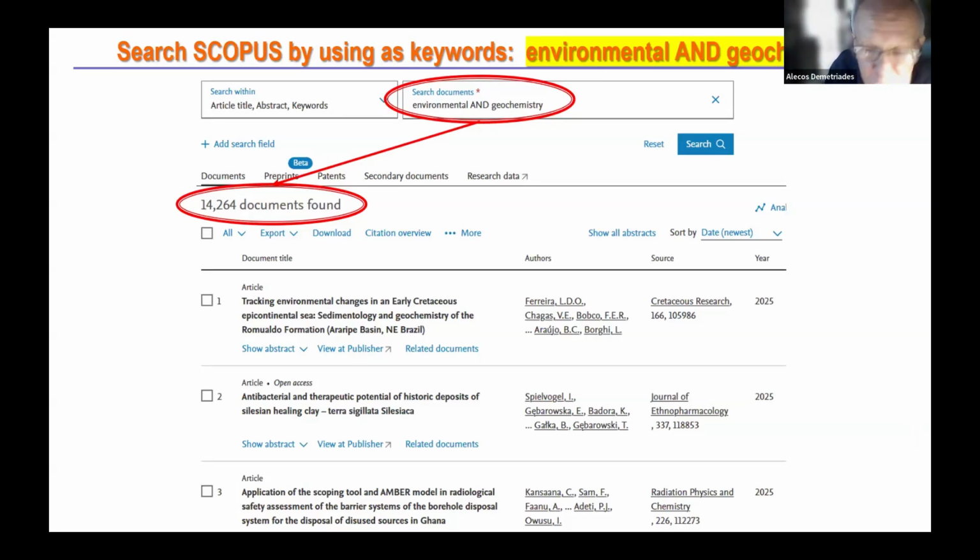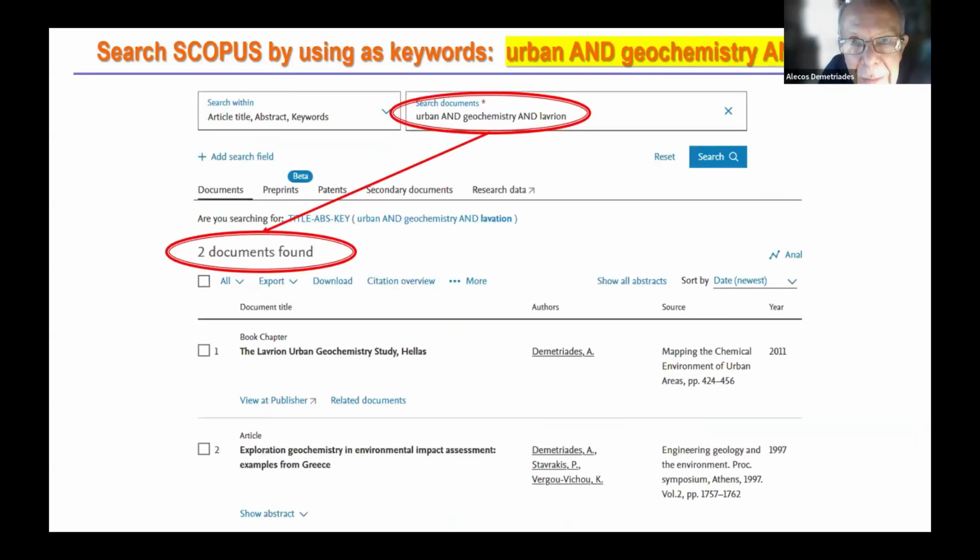So it's impossible to review all those papers. So let's narrow it. I use Erpan and geochemistry and another, Lavrion, and two documents were found. So this is much easier. If I want to write something on Lavrion, I would like to read these papers first.